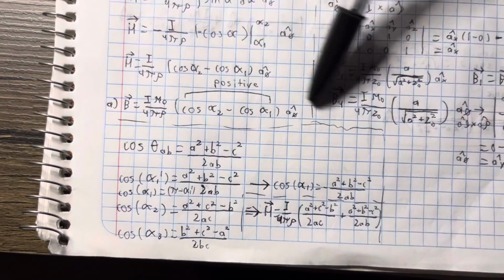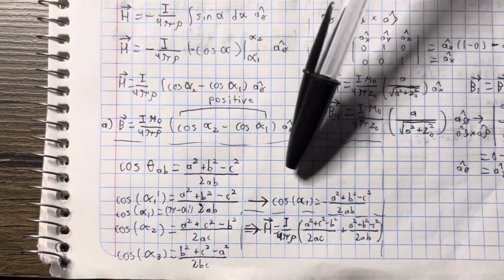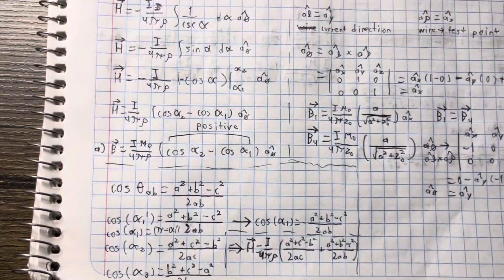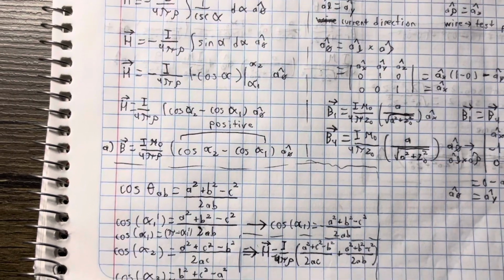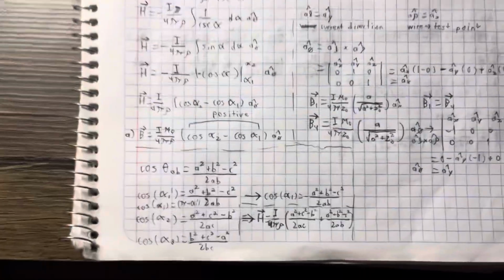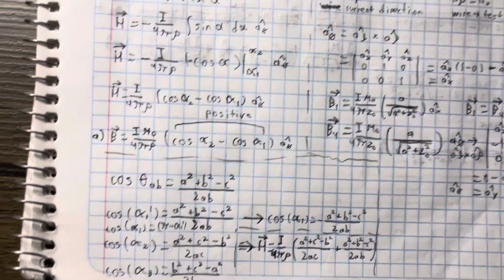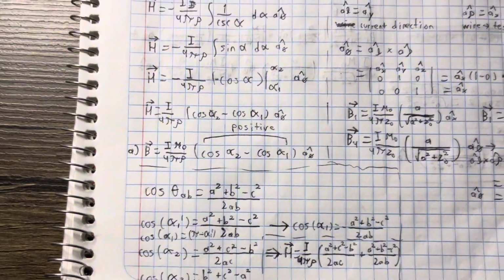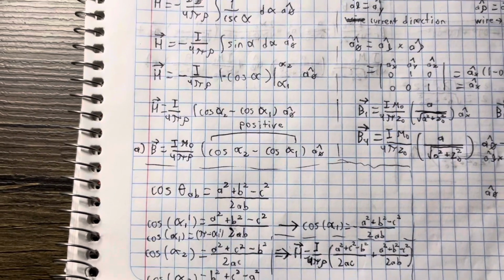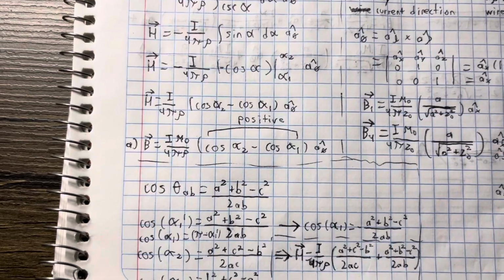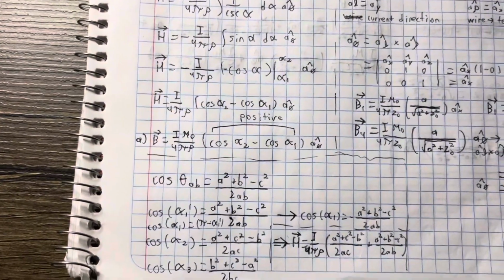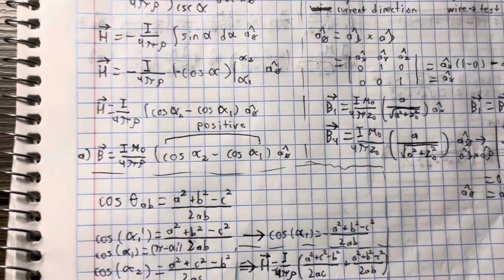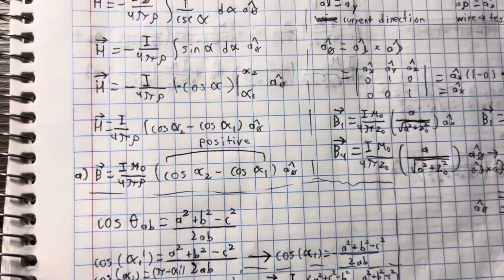We did this in class, and this is a very summarized version of it, but to get the cosine of alpha 2 and cosine of alpha 1, we basically have to use the law of cosines. In the triangle, we have A, B, and C. And what we did in class was multiply the vector C times the vector C, which would be equal to vector A minus B times vector A minus B. When we expanded that, we got A squared minus 2AB plus B squared.